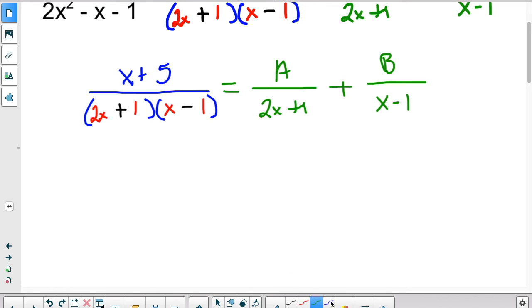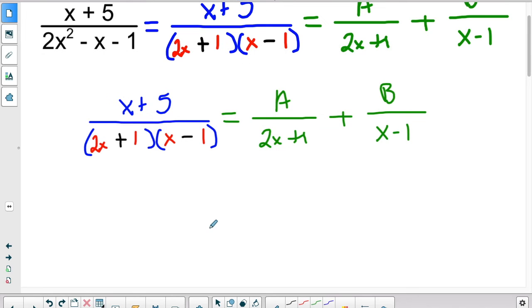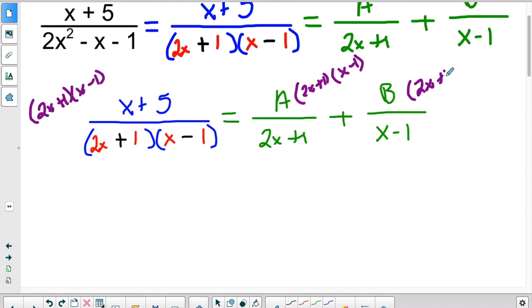Now what we're going to do first is multiply through by our greatest common denominator. So that's going to be 2x plus 1 times x minus 1. And when we multiply through by this, these will cancel out with these: 2x plus 1 and 2x plus 1, x minus 1 and x minus 1.